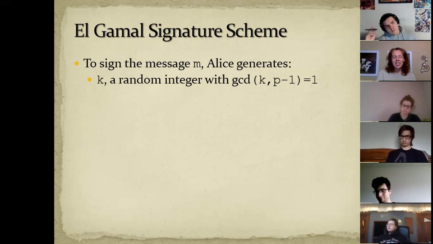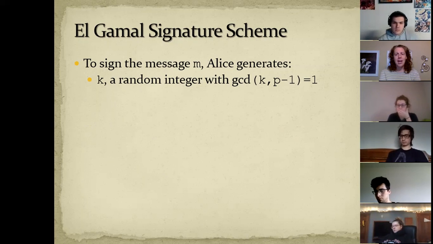If the GCD of K and P minus 1 is equal to 1, then what can I compute mod P minus 1? What exists? We're used to doing this mod N or mod P, but that's okay.